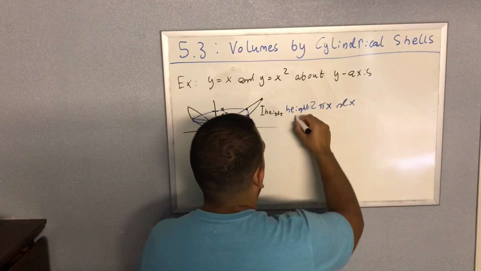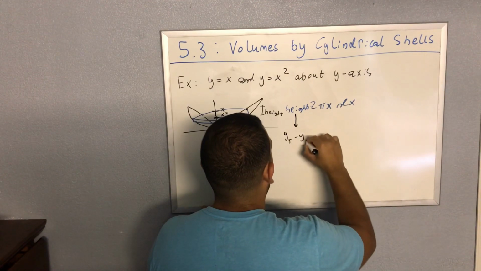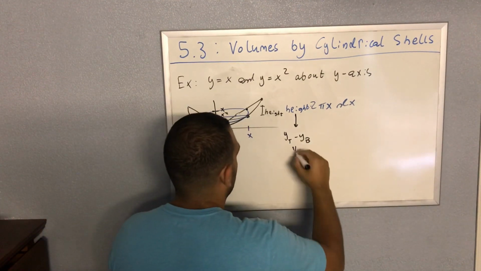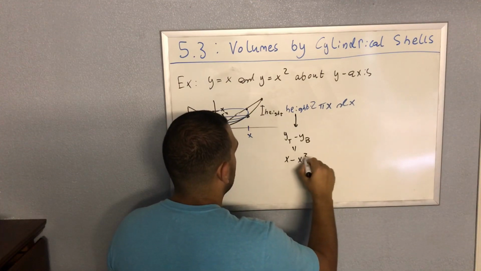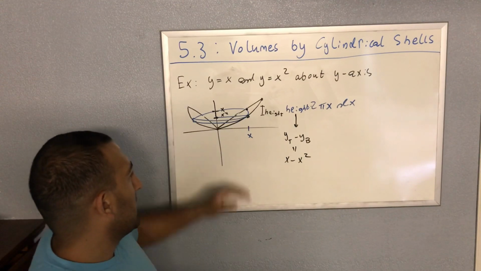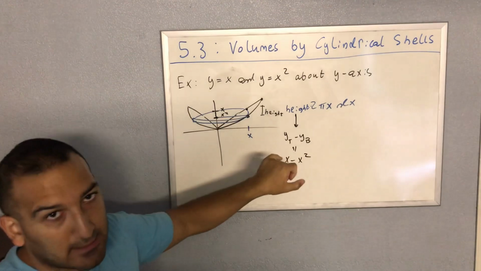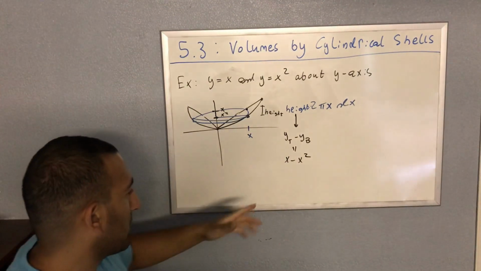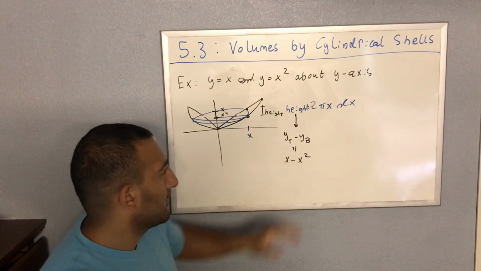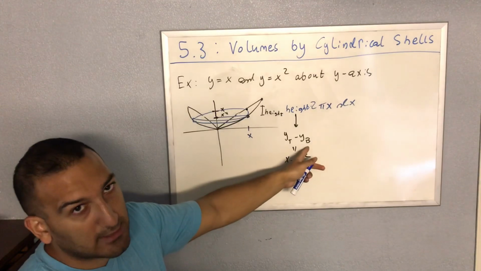So the height is going to be basically y top minus y bottom. That's what the height is. And in this case, that's going to be equal to x minus x squared. So when the function didn't have a y top and a y bottom, and the bottom was just like the x-axis in the last example, it was just a function minus 0 then. That's why we didn't see anything. The y bottom was just 0 because it's the x-axis.